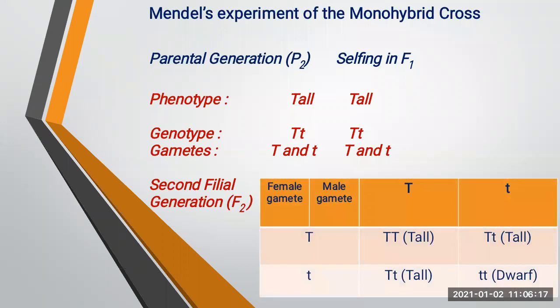This is called the Punnett square. And in this Punnett square, you need to write the male gametes and female gametes in this manner. One gamete will be in the horizontal manner and the other in the vertical manner. So capital T, small t, capital T, small t.